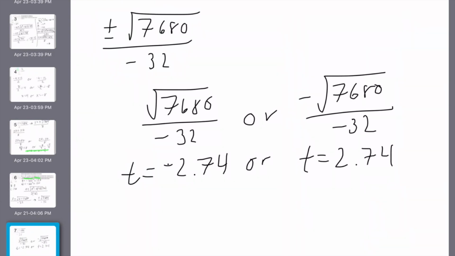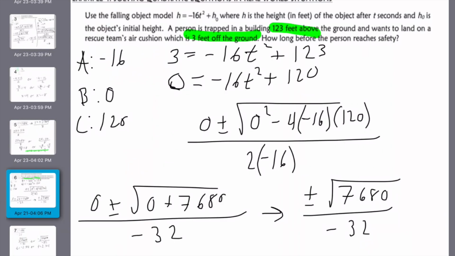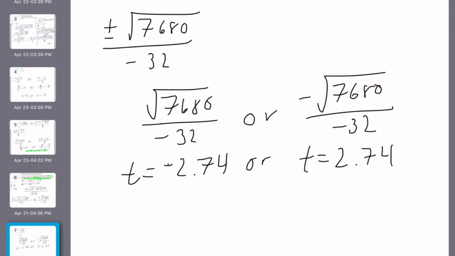But let's think about the context of the problem in this case. I'm looking to find out how much time it takes before the person reaches safety. How long before the person reaches safety? My time is going to be in seconds. Now, if we look at my two possible answers, I could have a time of negative 2.74 or a time of positive 2.74. But in this situation, I can't have a negative amount of time.